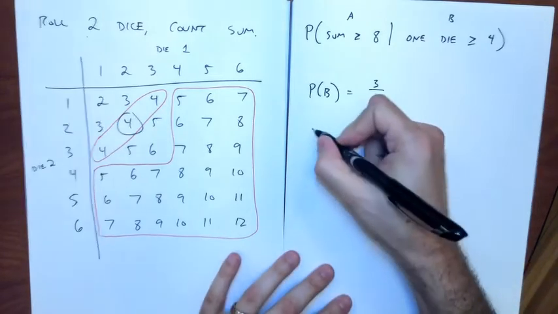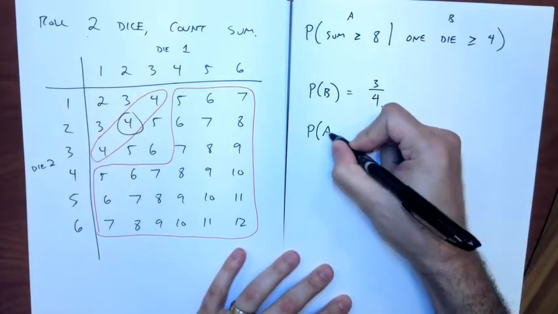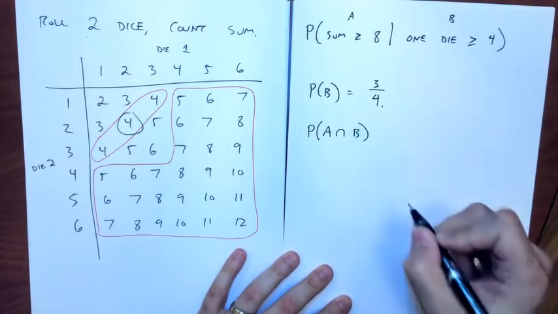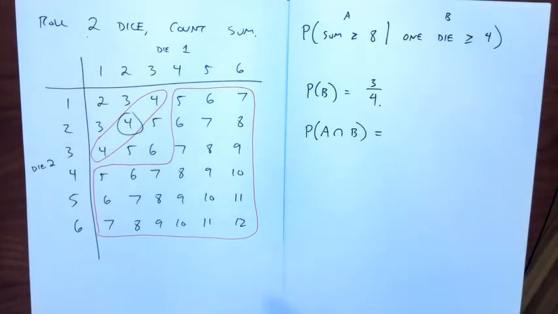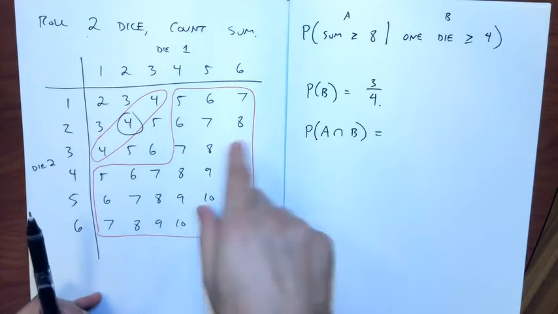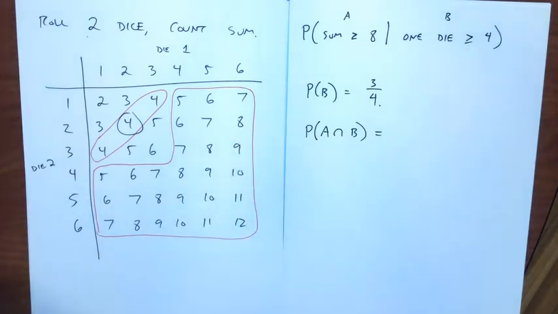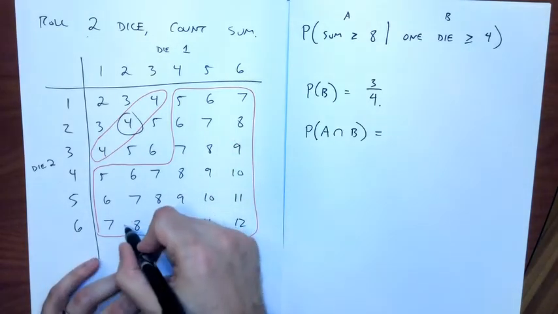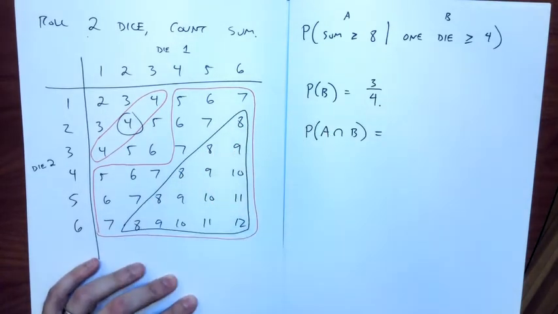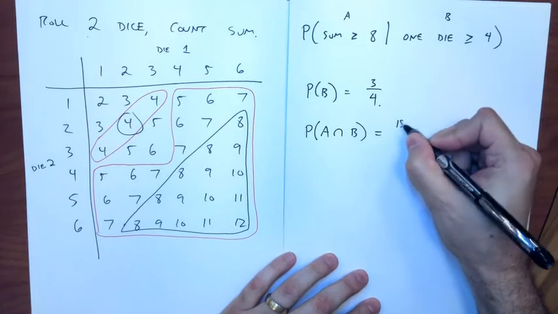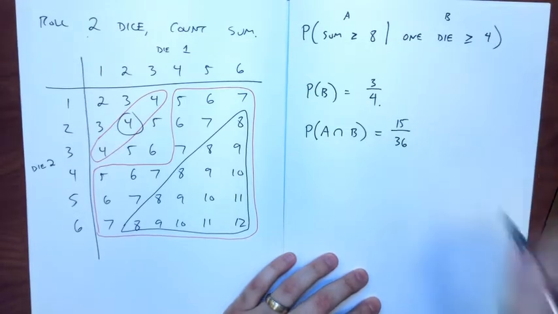Now, what's the probability of A intersect B, right? That both of these things are true. Well, now I need to be both inside here and the sum has to be greater than or equal to 8. So that means I'm in this triangle here, right? 15 out of the 36 total outcomes.